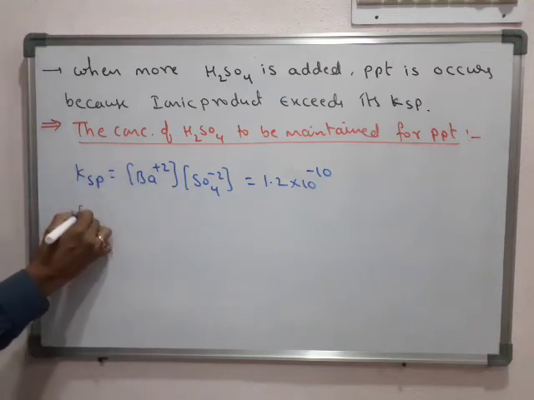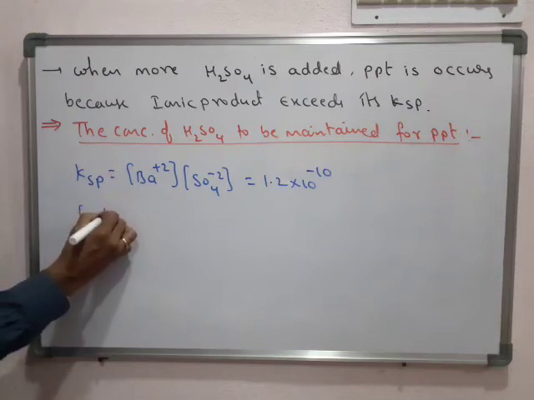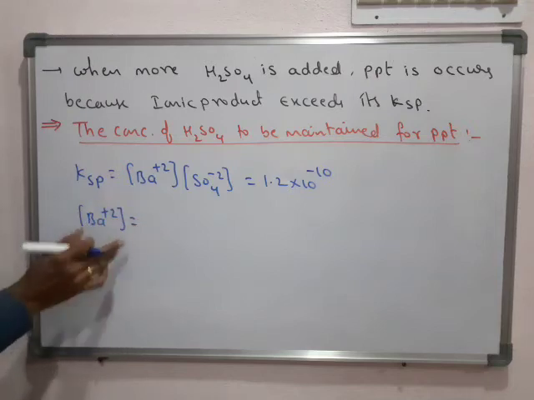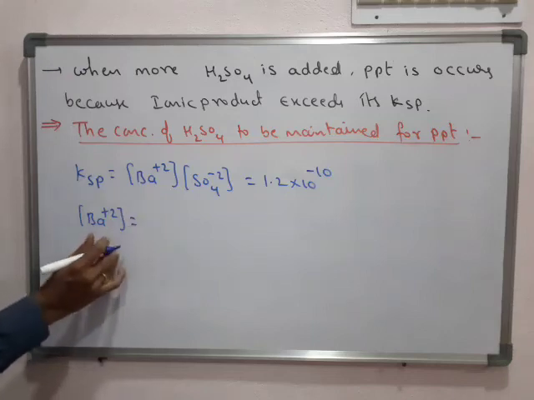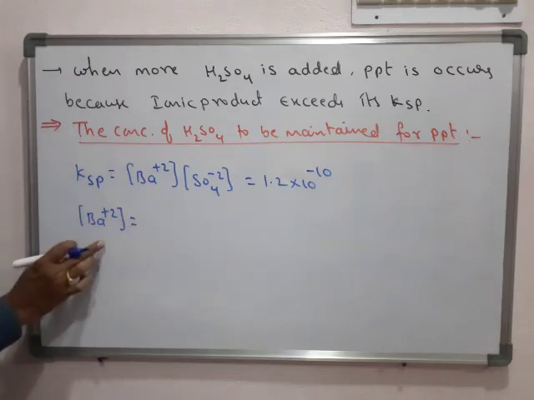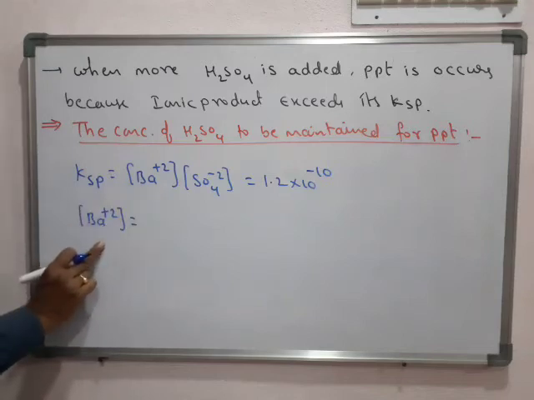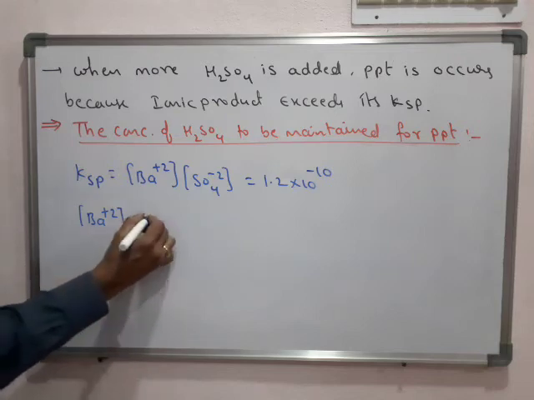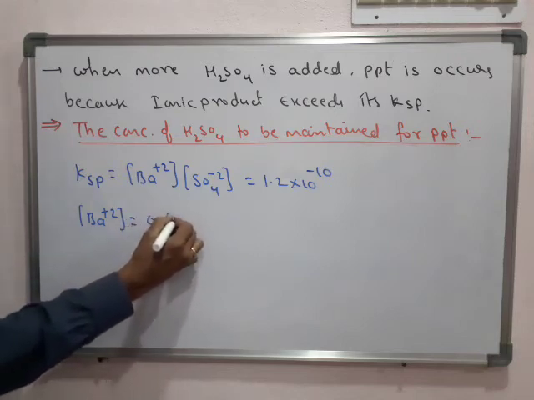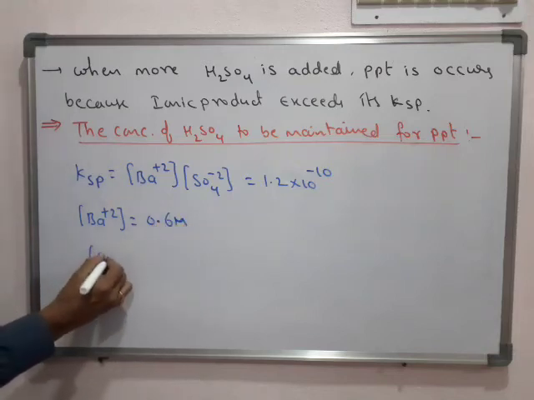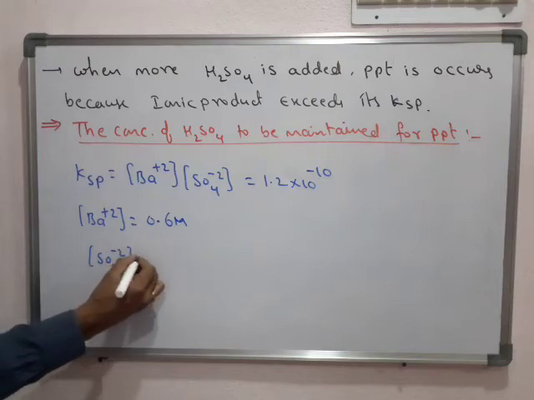So already how much barium plus 2 ion concentration, actually barium plus 2 is nothing but equal to the concentration of barium chloride. Barium ikkada barium plus 2 use, that's why we are taking barium plus 2. Actually barium plus 2 is nothing but the concentration of barium chloride, that is 0.6 molarity.